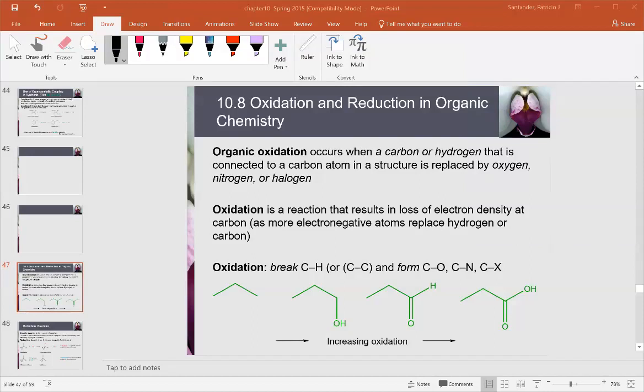So, unlike the case of general chemistry, where you can assign oxidation states to particular elements based on the location on the periodic table, like manganese, chromium, etc. In organic chemistry, there is a little more qualitative way to do it, and that is based on the number of attachments of more electronegative elements that you have to a carbon atom, or the number of hydrogen atoms attached to a carbon. So let me illustrate this with a couple of examples.